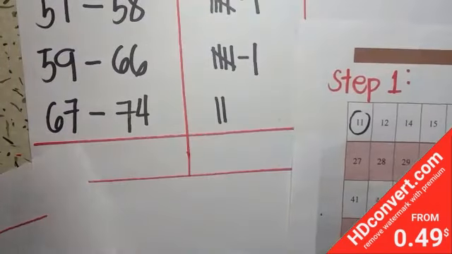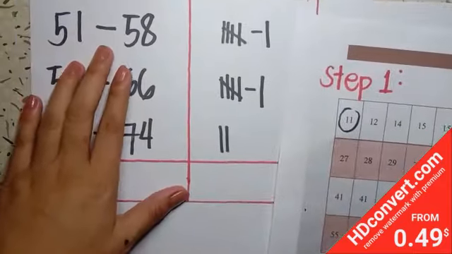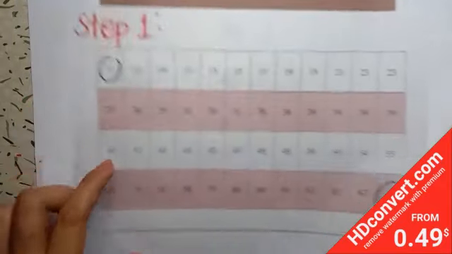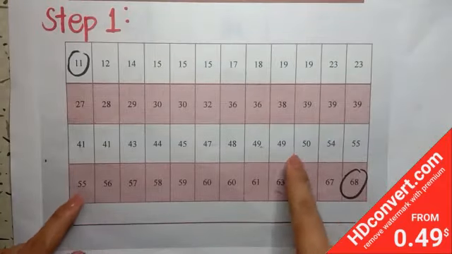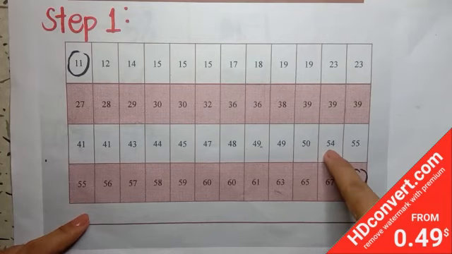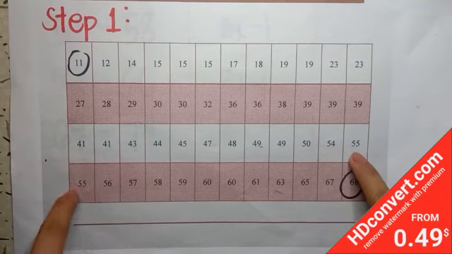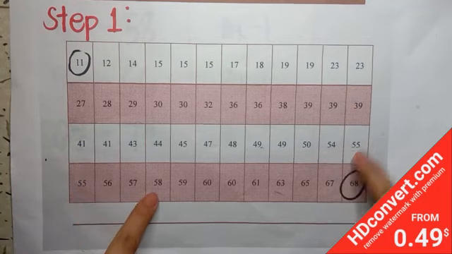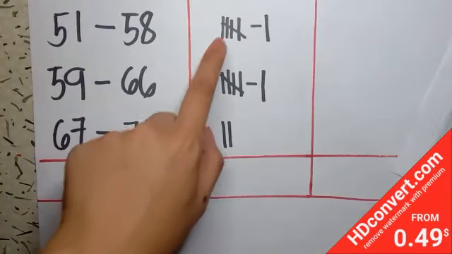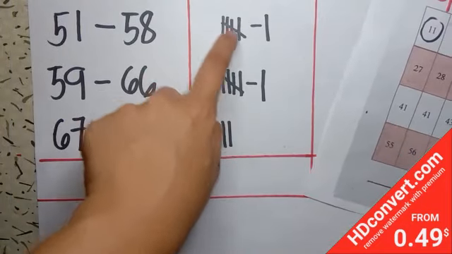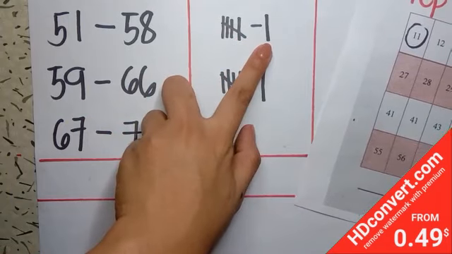Next, 51 to 58. 54 na tayo mag-start since walang 51. Hanggang 58. So, 1, 2, 3, 4, 5, and 6.